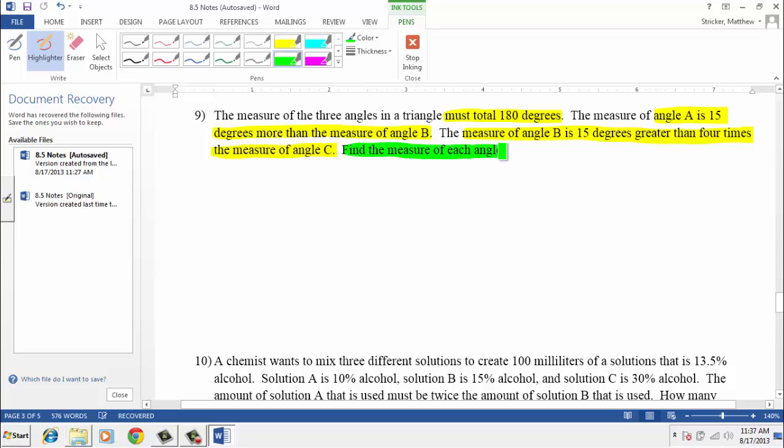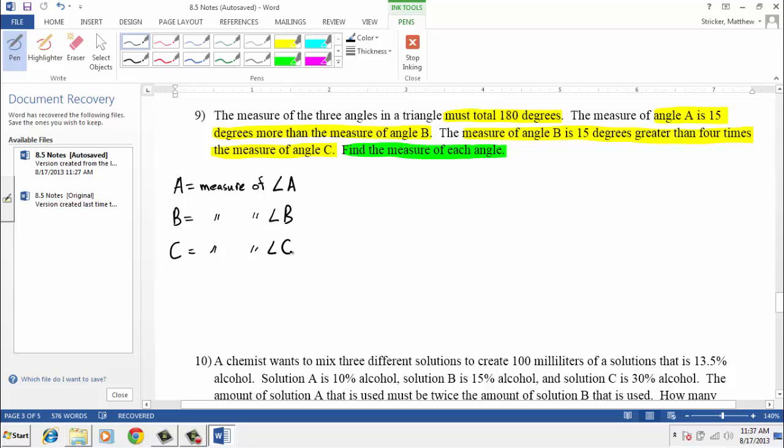The measure of each angle. So let's start off with our variables. A is the measure of angle A. You may remember from geometry this symbol right here means angle. B is the measure of angle B, and C is the measure of angle C.